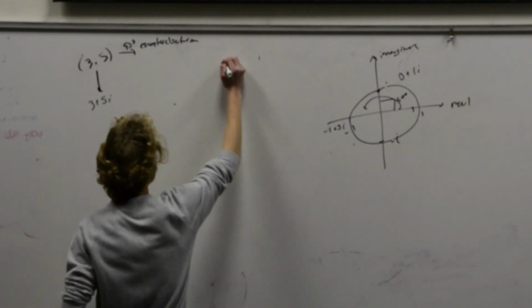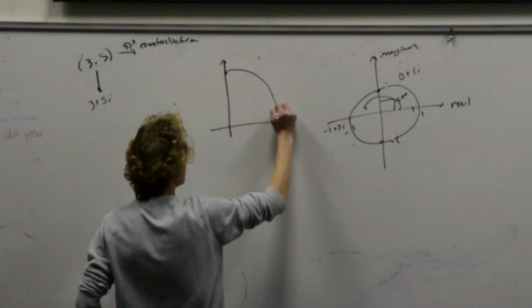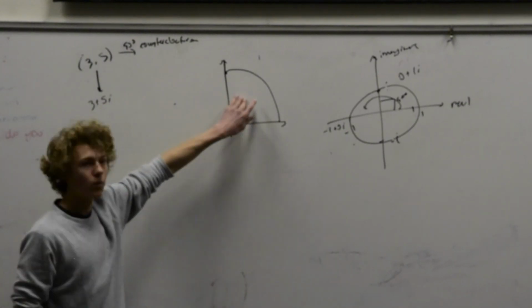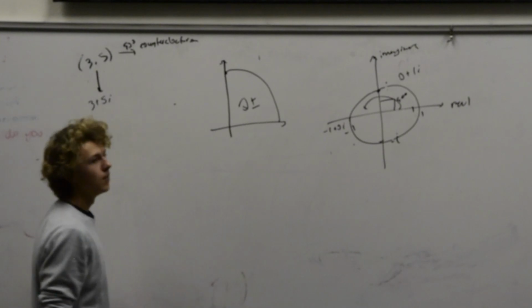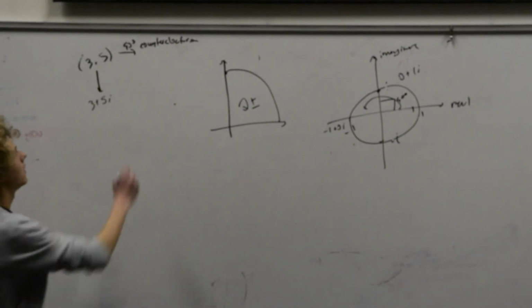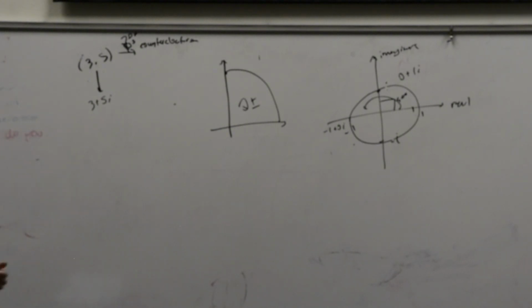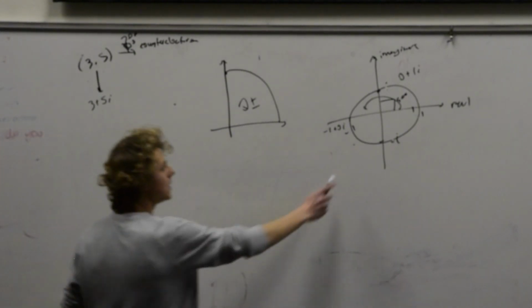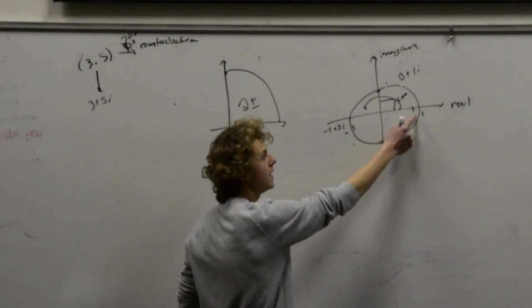And so we can do the same thing with any angle. For example, if we wanted to write out the unit circle, I'm just going to give quadrant 1 here. Let's say we wanted to rotate not 90 degrees, but 30 degrees counterclockwise. Well, what we did initially was multiply by 0 plus 1i, which is 90 degrees from the real axis.